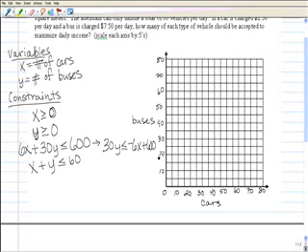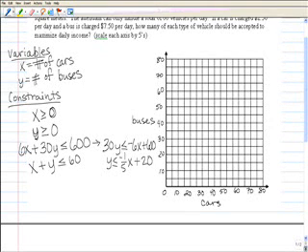And then I'm going to divide every single thing by 30. So I get y is less than or equal to negative 6 divided by 30, which is negative 1/5 x, and then 600 divided by 30 is 20.